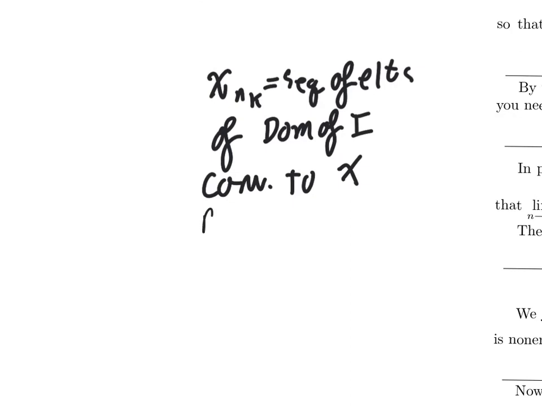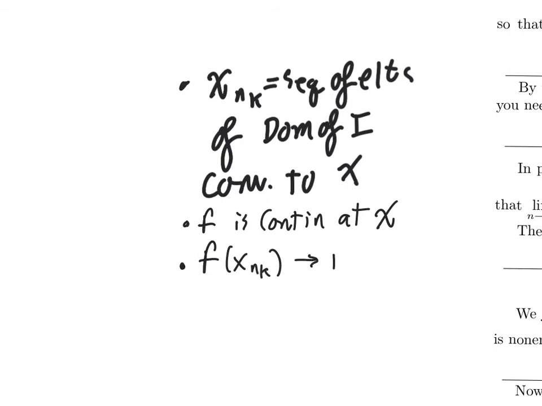I know that f is continuous at this point x. Oh, but I proved something in exactly the previous lecture about continuity in terms of sequences. That means that f of x sub n sub k should converge to f of x.